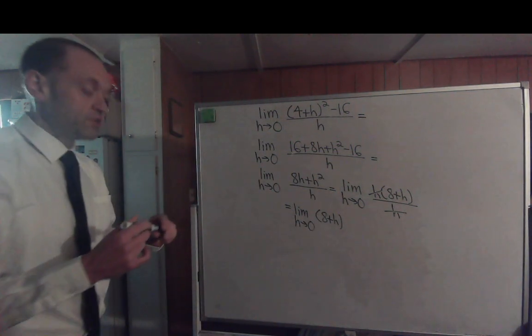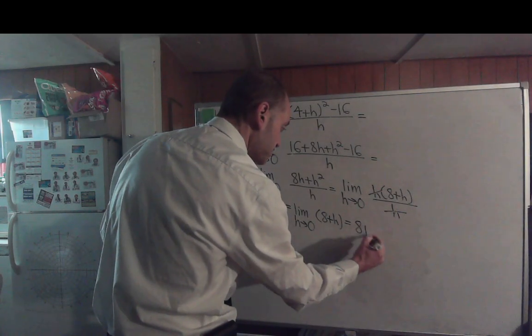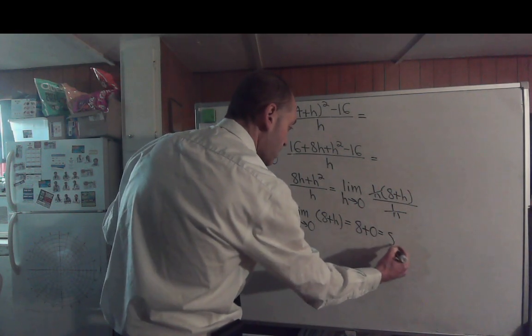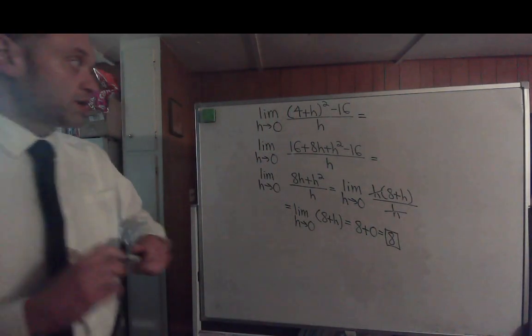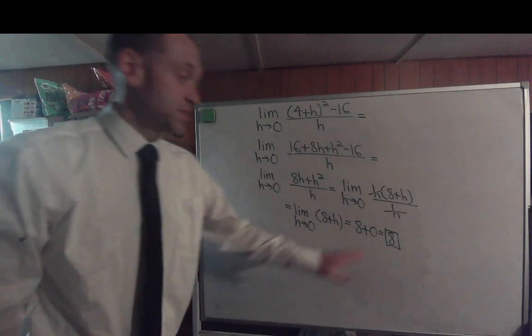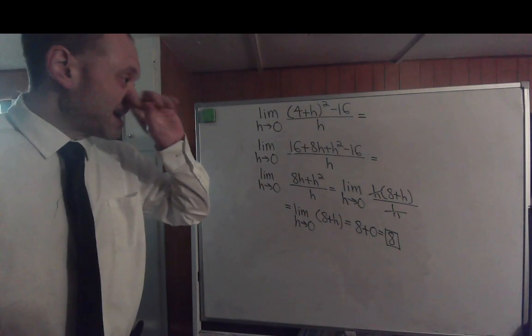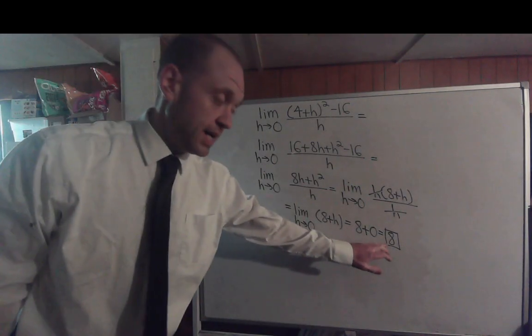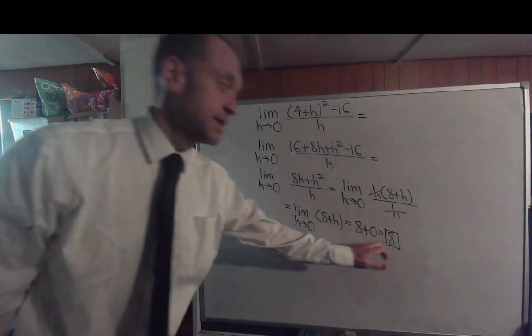And you can now use direct substitution. So put in 0 for that h, you get 8 plus 0, or 8. So the slope of the line, also known as the derivative of x squared at the point x equals 4, would be 8. So the limit of this function as it approaches 0 is 8.